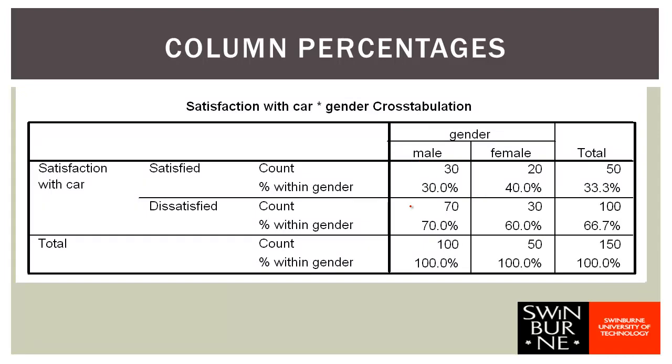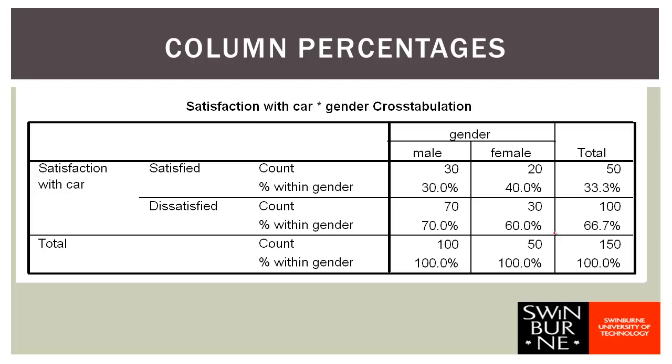So now we're saying for the males, 30% were satisfied, 70% were dissatisfied. For the females, 40% were satisfied, 60% were dissatisfied. So this is much more sensible than looking at the percentage of men and women within the satisfied group and the percentage of men and women within the dissatisfied group. So really important we've got our correct percentages, and so now we do.